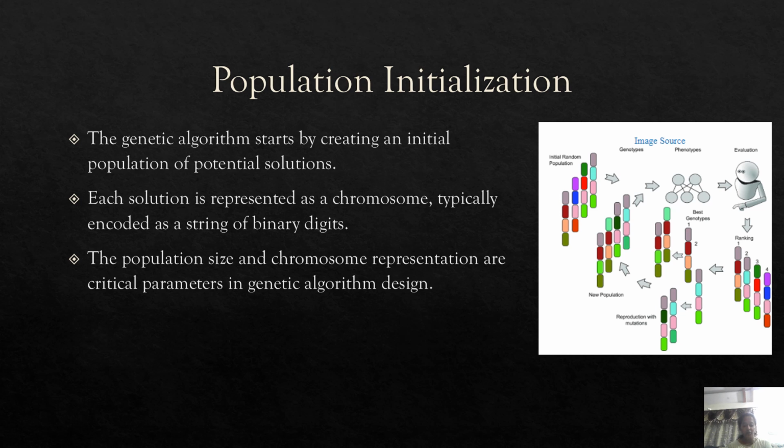This randomness helps to ensure diversity in the initial population, allowing the algorithm to explore a wide range of potential solutions. Domain constraints. If the problem has constraints such as bounds on variables and other restrictions, the randomly generated individuals must adhere to these constraints.